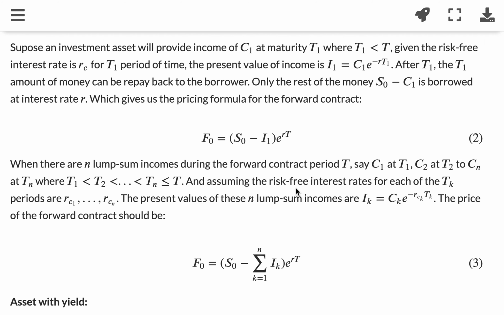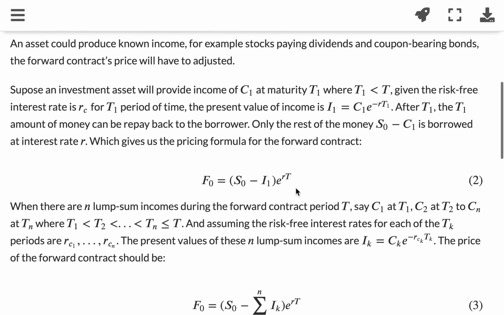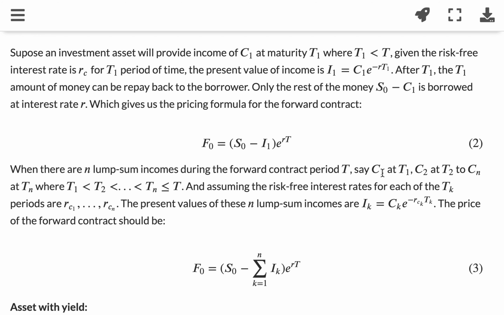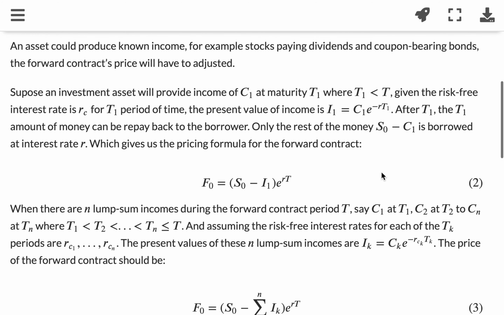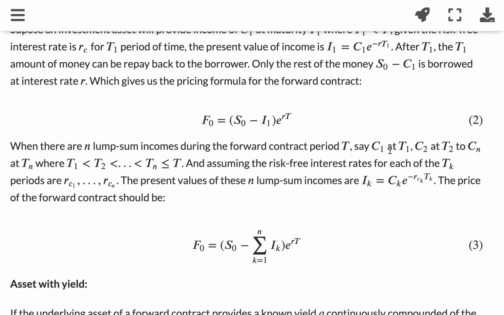And it's the same if, let's say, it's a bond, and it will produce coupons for a couple of periods. Let's say it produces C1 at T1, C2 at T2, and Cn at Tn, until the time T. Then assuming the risk-free interest rate for each Tk is, let's say, RC1 to RCn, the present value of those lump sum incomes will be Ik equals Ck times e to the minus RCk Tk.